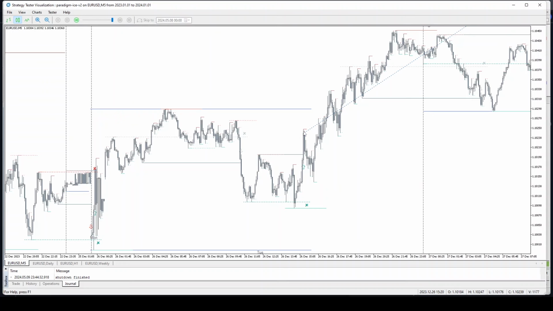It doesn't wait for a pullback. The reason is that based on backtests, I realized it misses a lot of explosive price action while trying to wait for a pullback. Because many times when price is going to make an explosive move, you will not get any pullback.